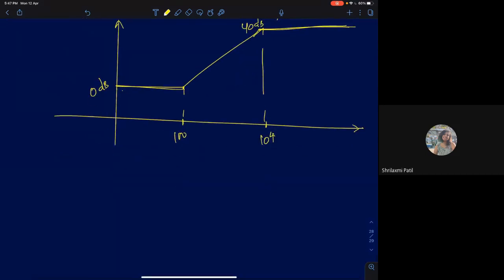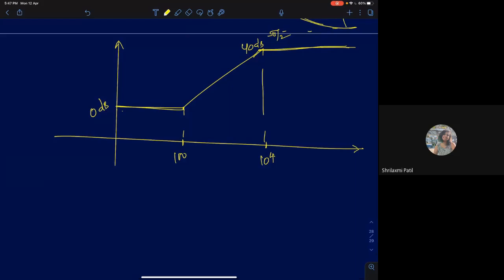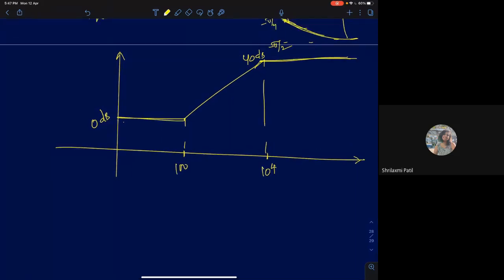So can you tell me what is the transfer function? You have a 0 at 100, so it will be 1 plus s by 100, and a pole at 10 power 4, so it will be 1 over 1 plus s by 10 power 4. What is the DC gain of the system? Can you tell me in absolute terms, not decibels? DC gain is 1. That's it.